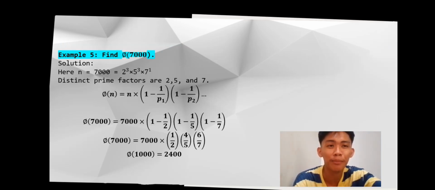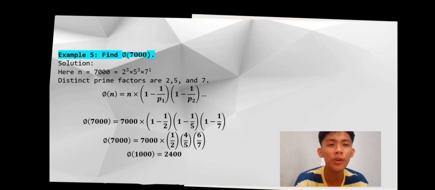And now let's proceed to our last example. Find phi of 7,000. So our n here is 7,000. In this example, class, we can use the third case. In the third case, the formula is phi of n is equal to n times the quantity of 1 minus 1 over p sub 1 times the quantity of 1 minus 1 over p sub 2, and so on and so forth.